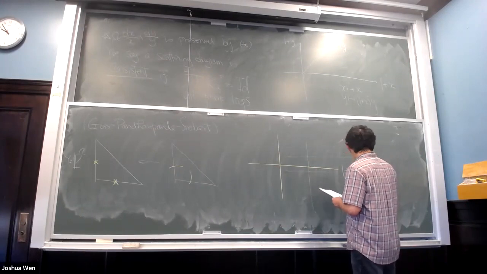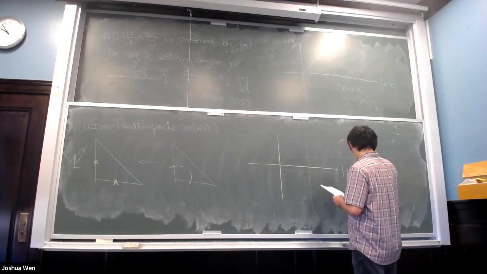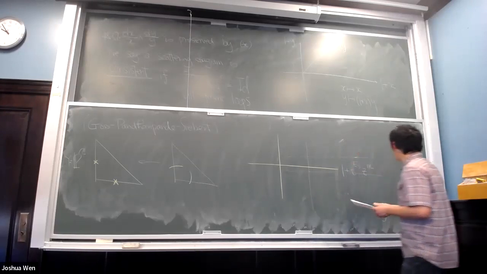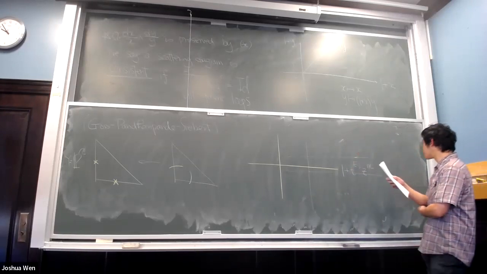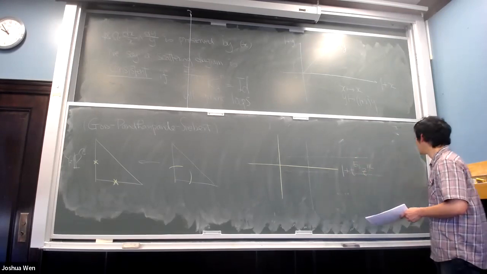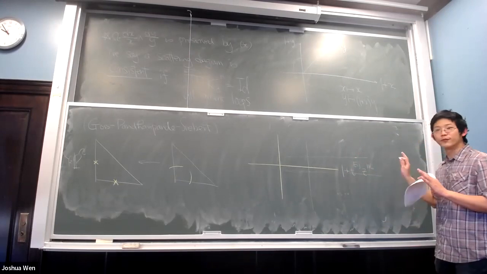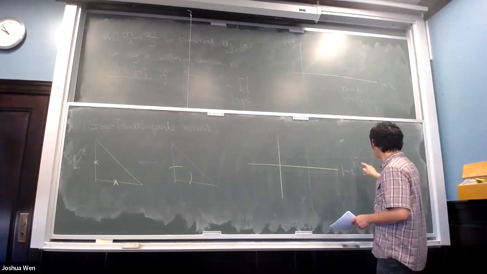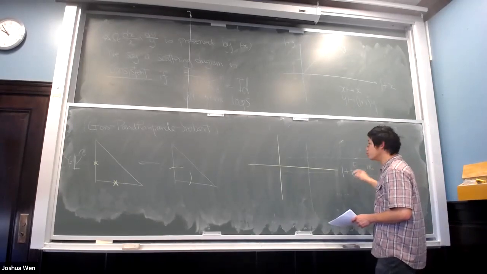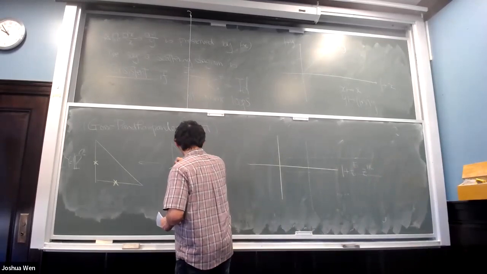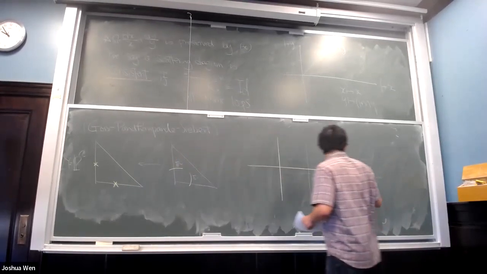So I put a formal variable. I actually snuck in some formal variables here, but if you don't care about what curve class you're counting, you can ignore them. So maybe I'll call these E1 and E2.